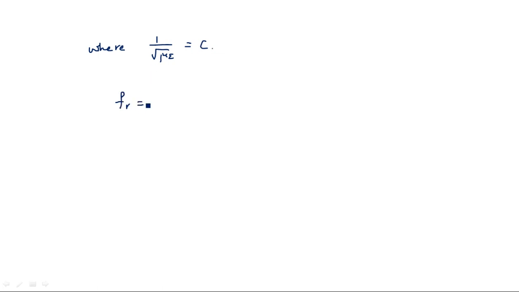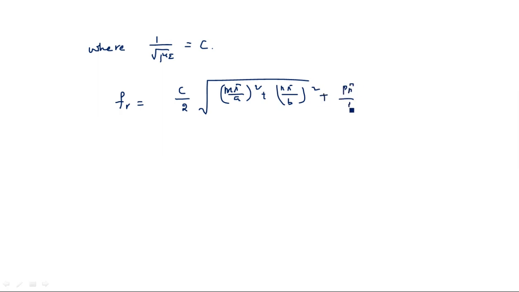So we can write the resonant frequency fr is equal to c by 2 square root of m pi by a whole square plus n pi by b whole square plus p pi by d whole square. This is the formula for resonant frequency.